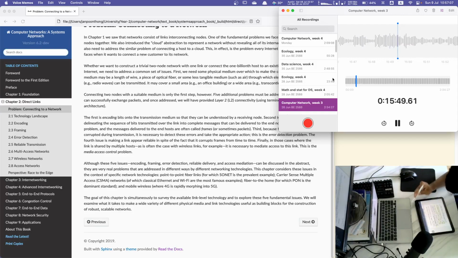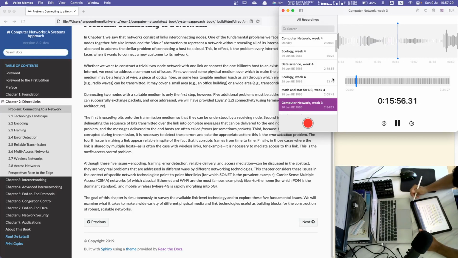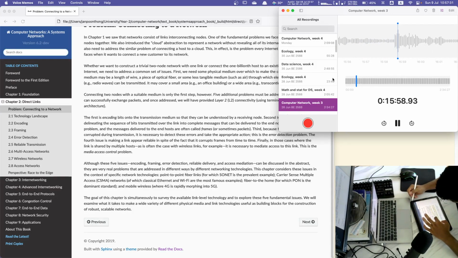The encoded data packet can be known as a frame, and the frame can be identified by the receiver. So this is the first, encoding bits.